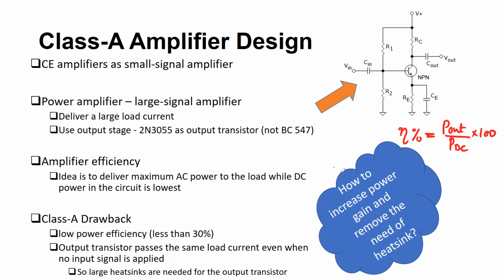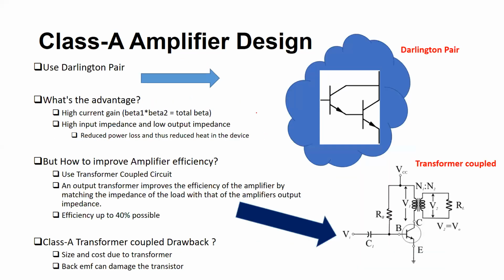So to solve this problem, you have a solution. And the solution to improve the power efficiency is to use the special transistor called as Darlington pair. So Darlington pair is composed of two transistors, let's say Q1 and Q2.